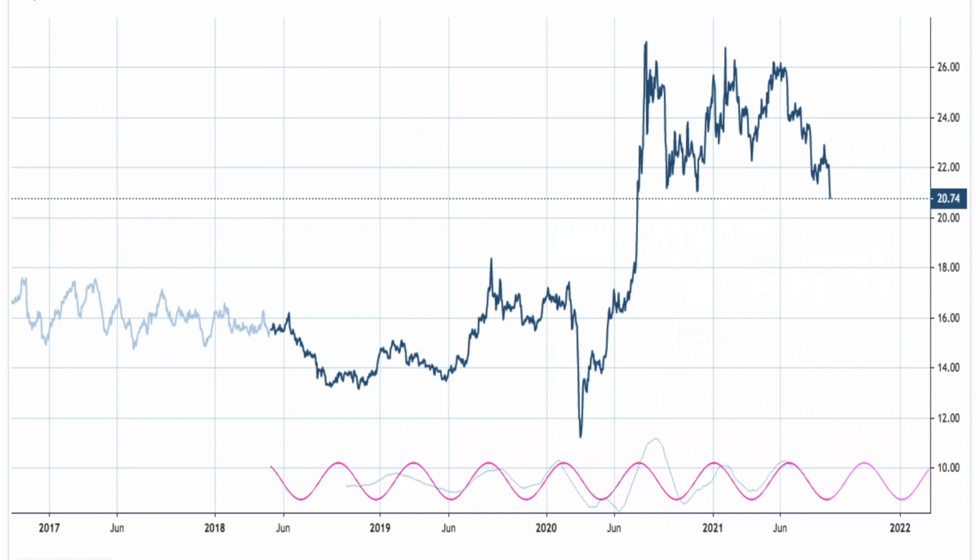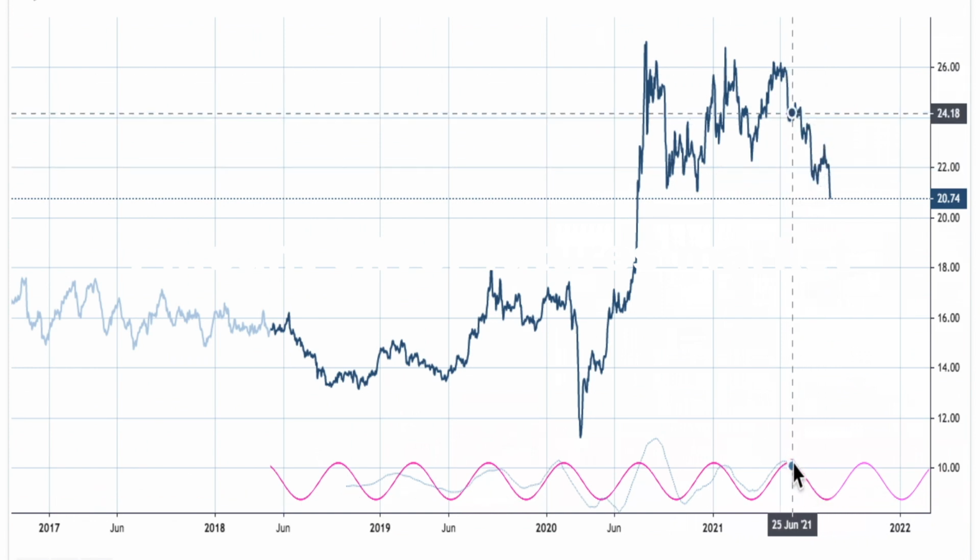Now, I went ahead and added the SLV ETF, SLV silver. And what's interesting is that the dominant cycle is bottoming out now, which is 114, bottoming out right here. But that's not happening on the silver.